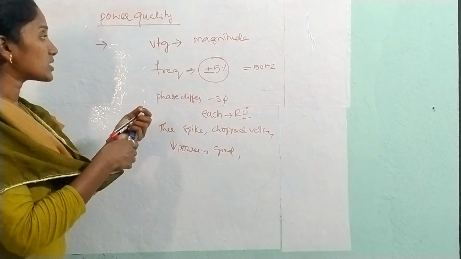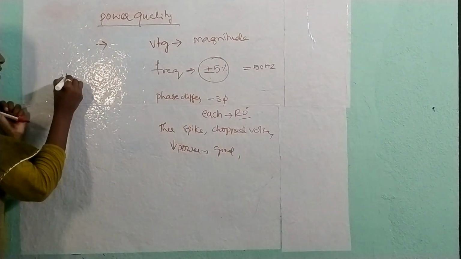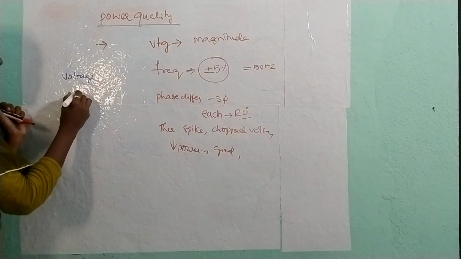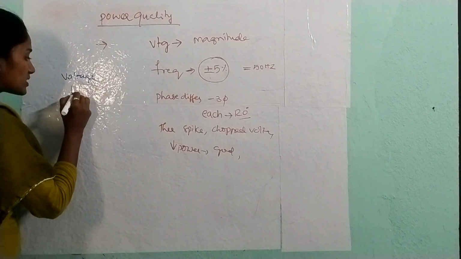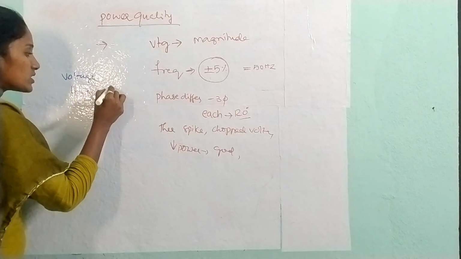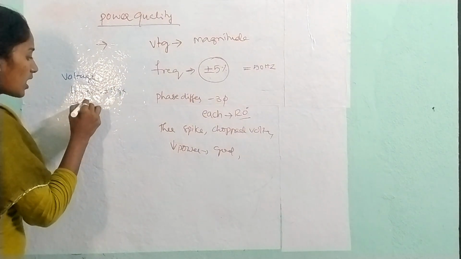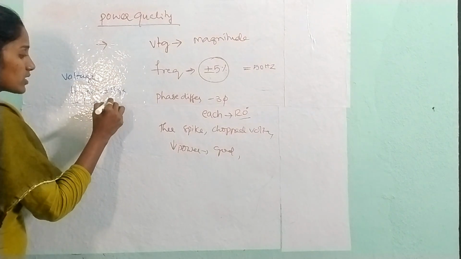Okay, the first one is voltage deviation. It has two types: one is the low voltage deviation, another is the high voltage deviation.